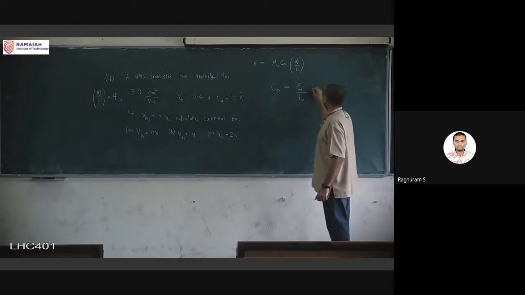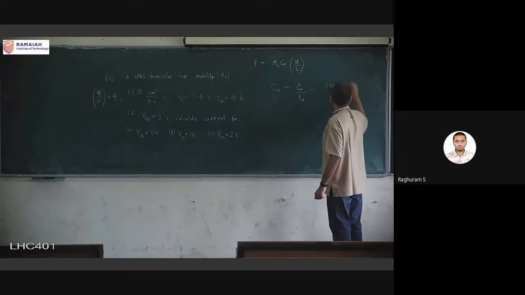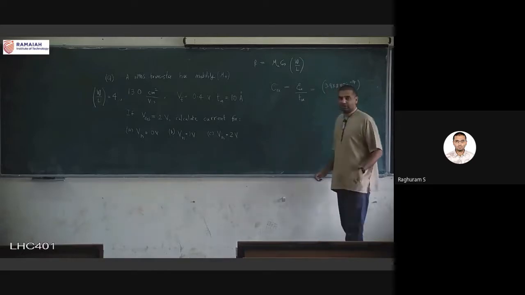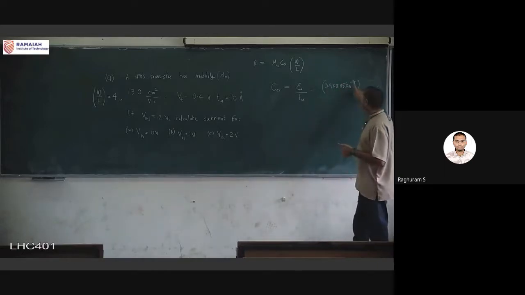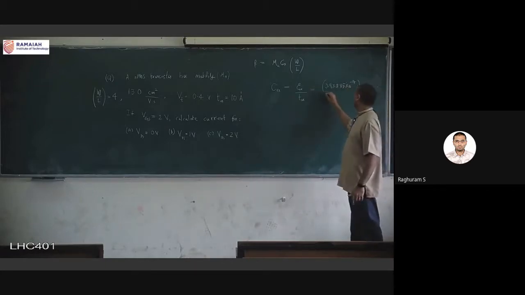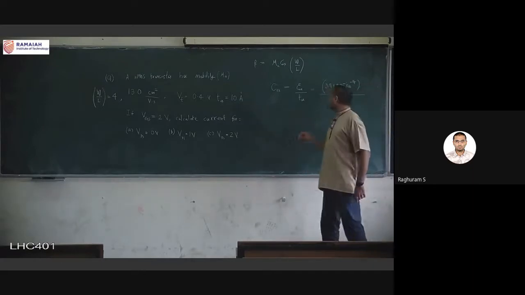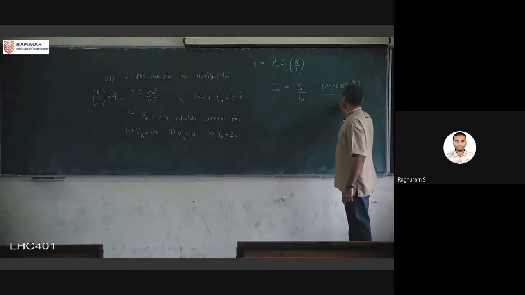And this again, like I said, 3.9 into epsilon naught, that is 8.85 into 10 power minus 14, divided by now 10 angstrom, that is 10 into 10 power minus 10 meters.